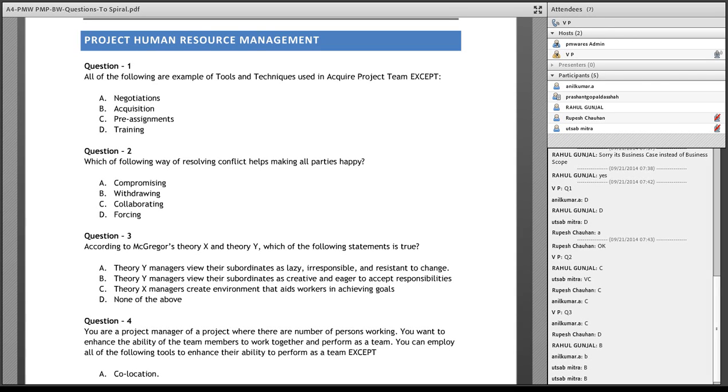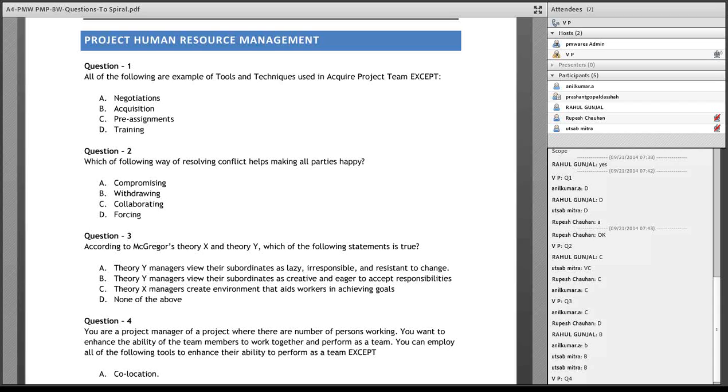So B says theory Y managers view their subordinates as creative and eager to accept responsibility, which is true, right? None of the above therefore is not valid. What option A says is about theory X, not theory Y. And C is theory Y. So therefore only B is right.